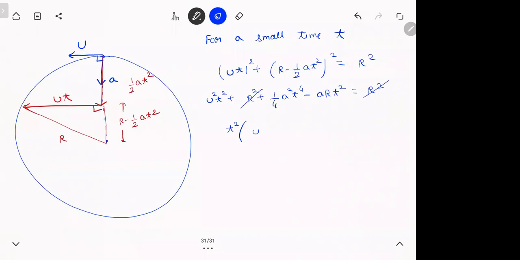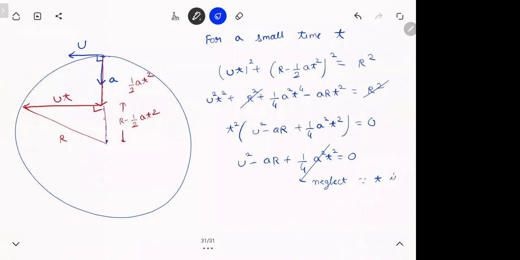T square times (u square minus ar plus 1 by 4 a square t square) is 0. T square can't be 0, so this term is 0. This you can neglect because t is very small. You end up with u square is equal to ar. We get acceleration is u square by r.